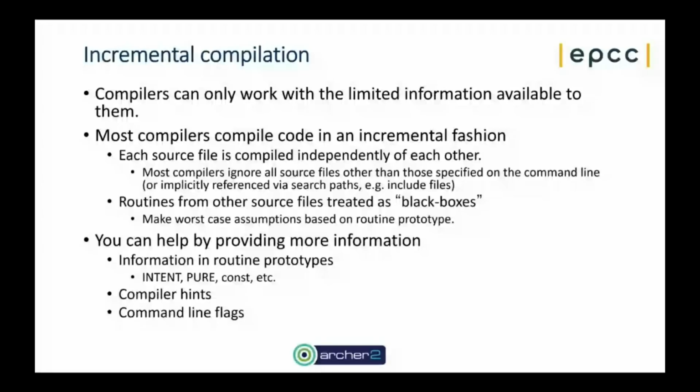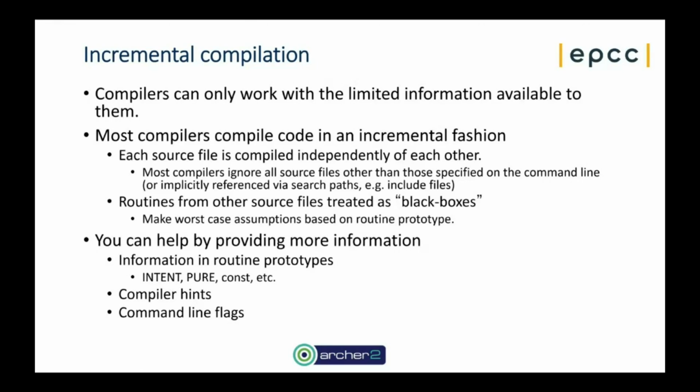Compilers only can work with the limited information that's available to them. And so what they do is they go through and look at each individual chunk of code and try and optimize it. So effectively they'll take one file, look at the code inside that file and optimize and generate their code on that, and then they'll move on to the next file and then the next file.